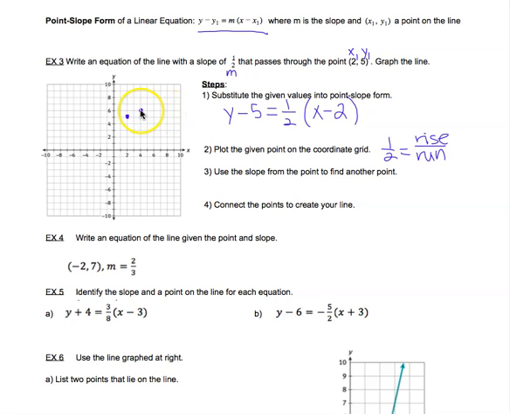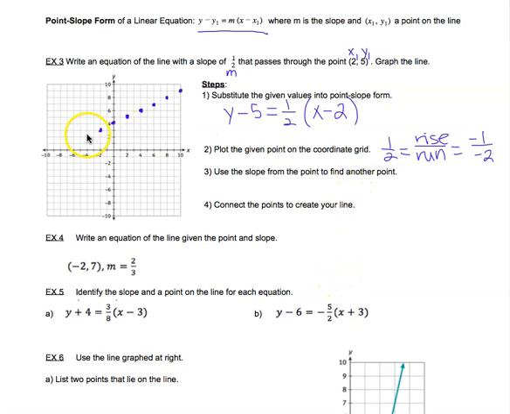I can continue with that pattern if I want. Rise 1, run 2. Rise 1, run 2. So on and so forth. You could also, because -1 over -2 is also 1/2, rise -1 and run -2, and notice that that's still on the same line.